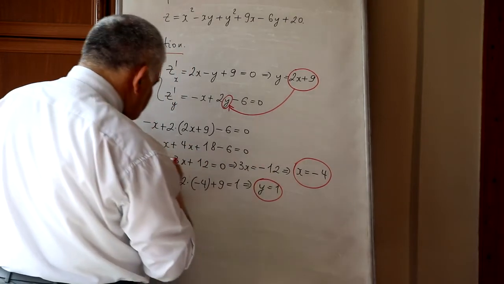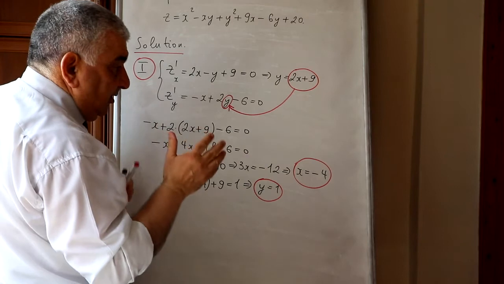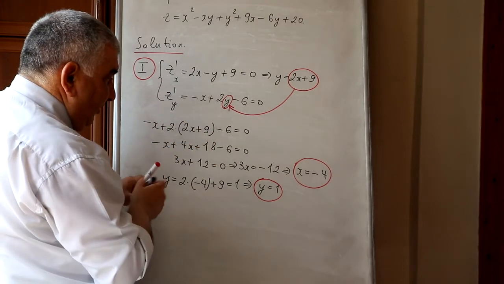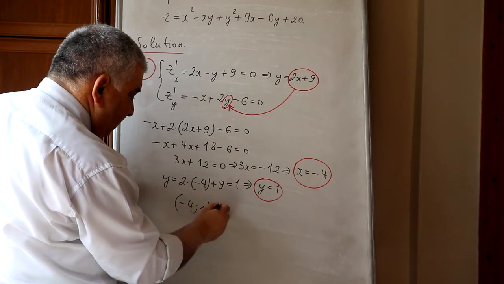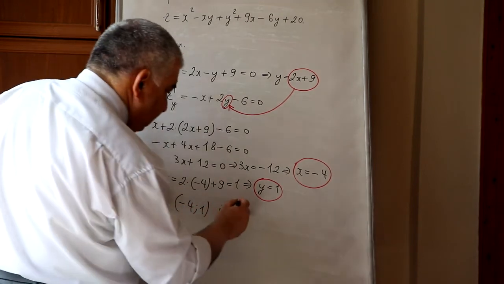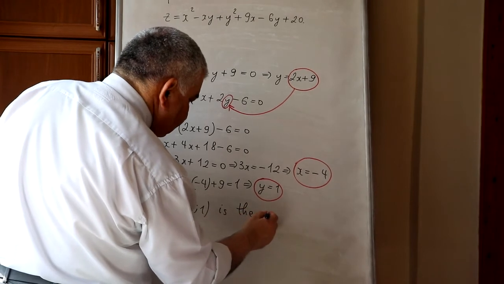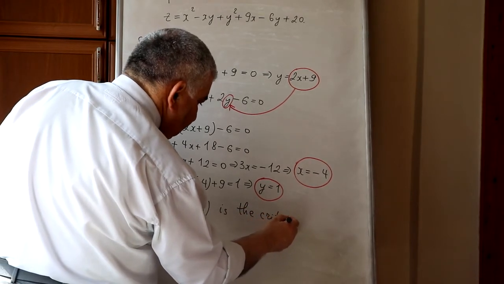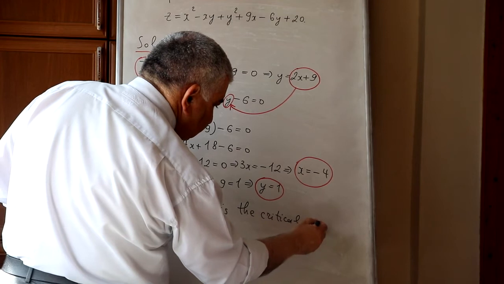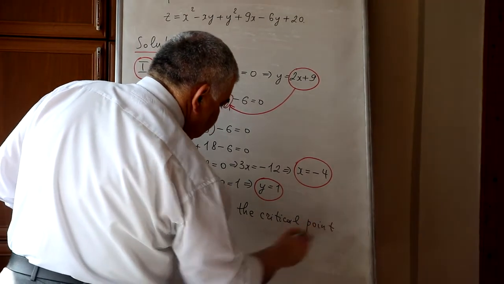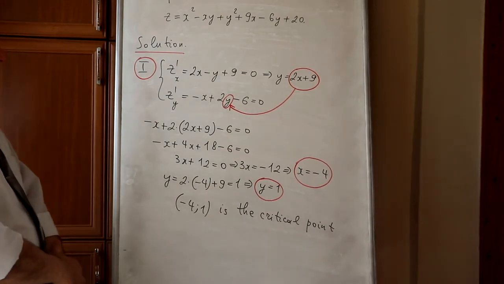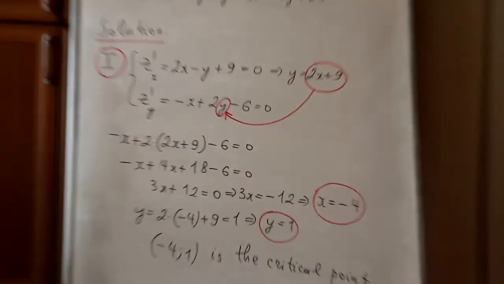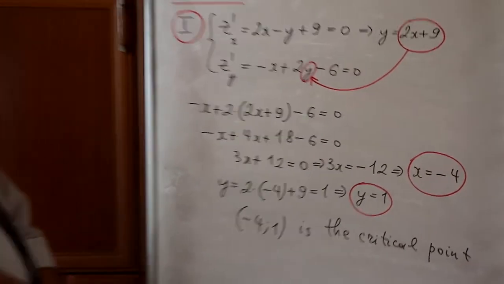Therefore, we have only one unique critical point, minus 4, 1.